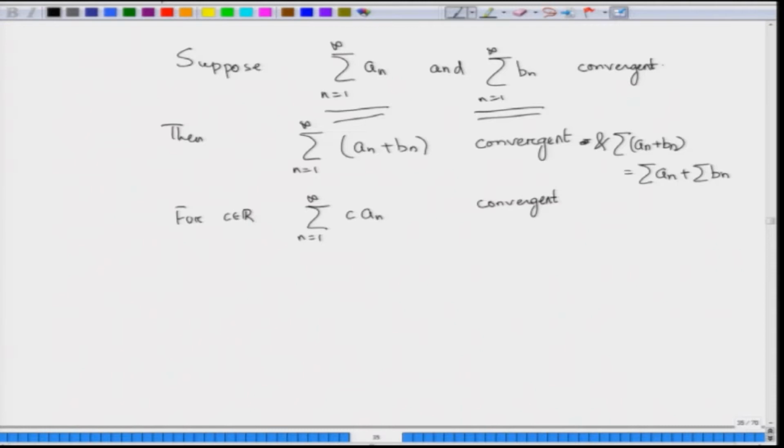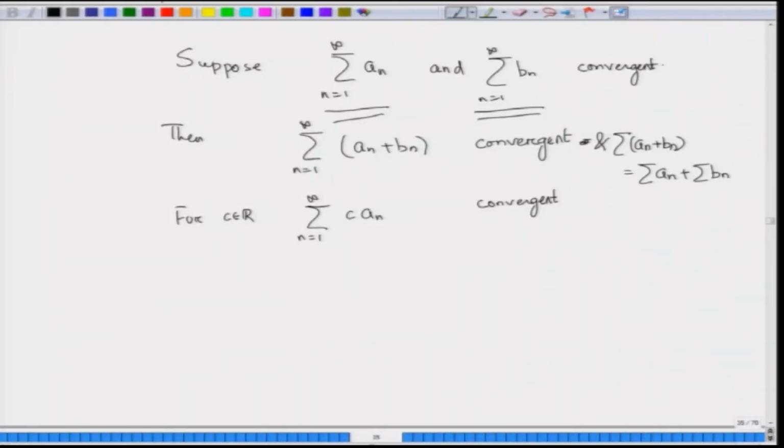Otherwise, as we have just discussed, if you take a n to be n and b n to be minus n, then a n plus b n is going to be 0, so the left hand side is 0, but the right hand side is not. This is very important. Whenever you have both the series convergent, then you can play around with them. Proof is essentially the limit laws, because in order to get a conclusion about convergent series, you consider the nth partial sum, and then the limit law is going to hold, because you are dealing with the limit of sequences.